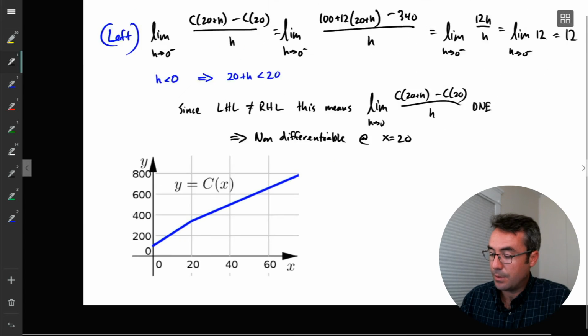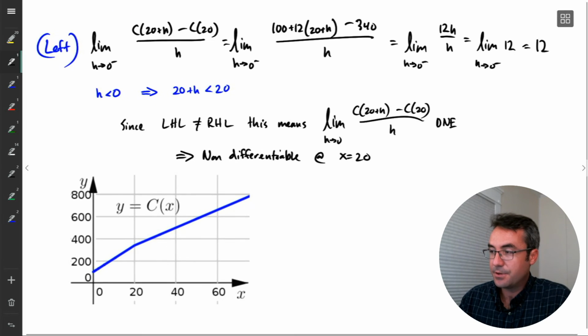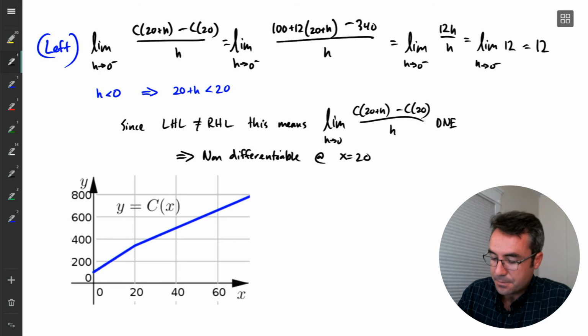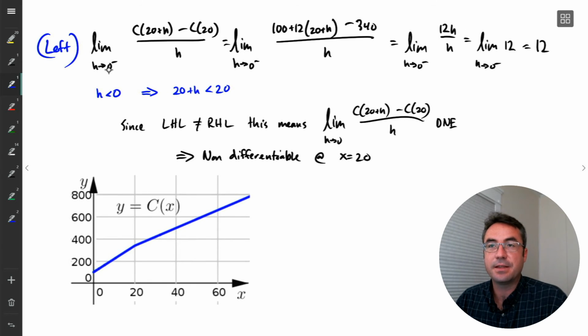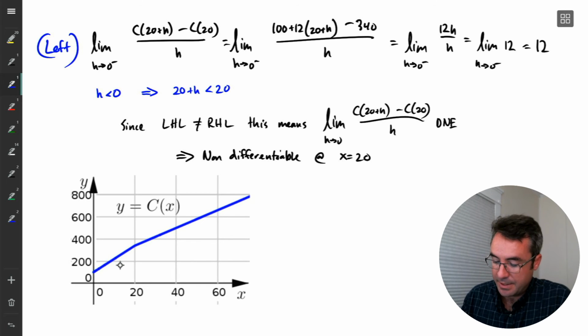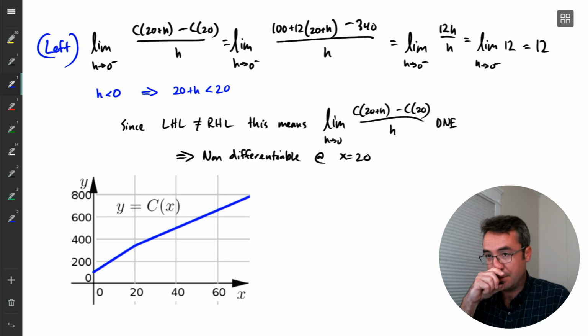And so really what we're seeing is what we calculated by doing, say, the left-hand limit as h goes to 0 from the left. What we just calculated is that on this side, it looks like this line. It looks like on each of these pieces, our function looks kind of like lines, but where they come together, there's an issue.